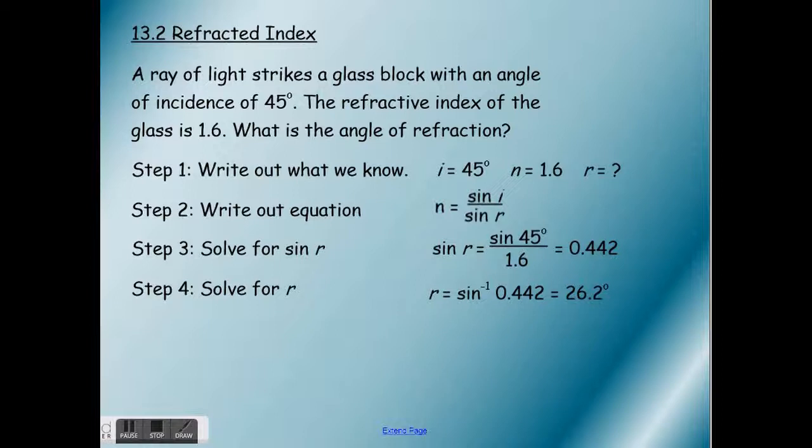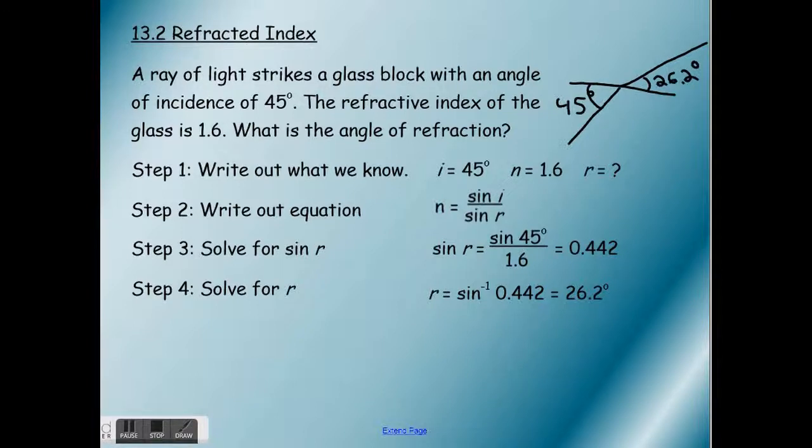If I were to draw this as best as I could, the light's coming in at 45 degrees here. And then this one would be 26.2.